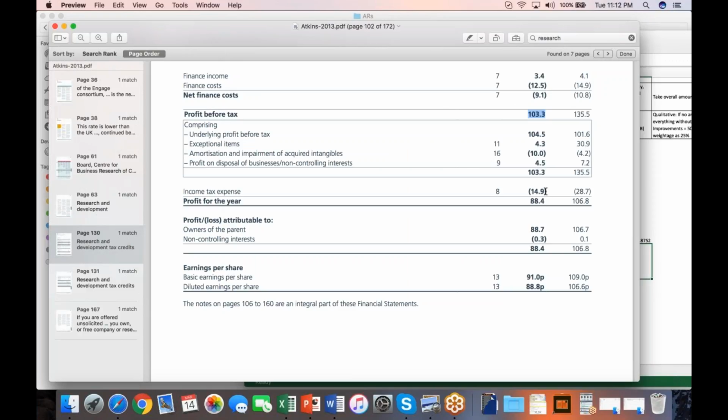How much is the income tax that was deducted for the year? 14.9. Right. On 103.3, at the rate of 14.4%, the tax is 14.9.